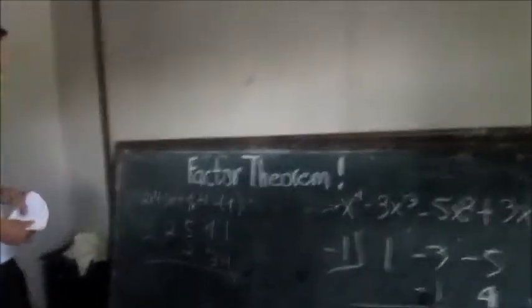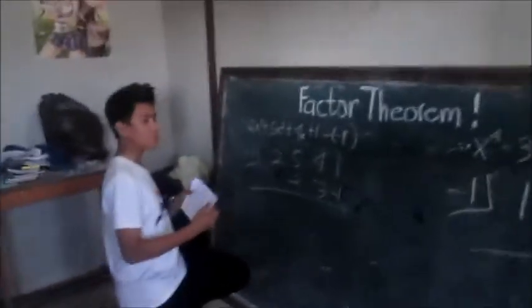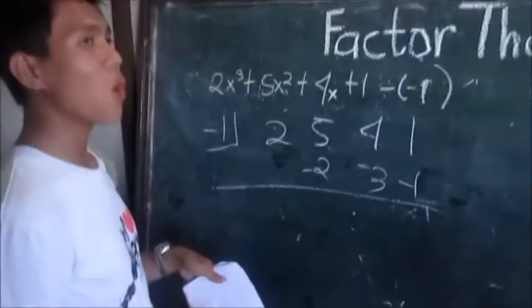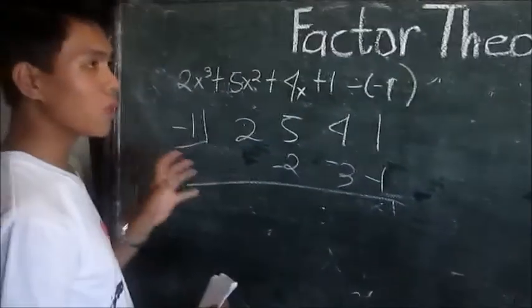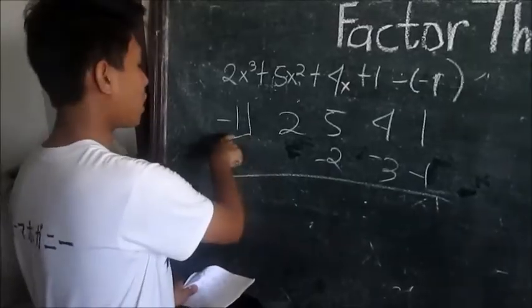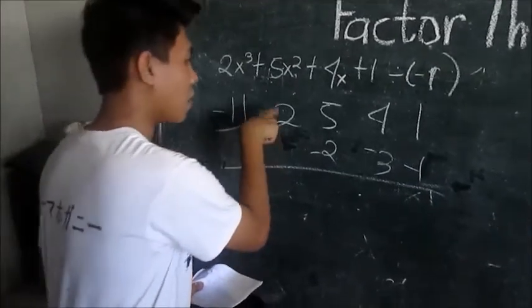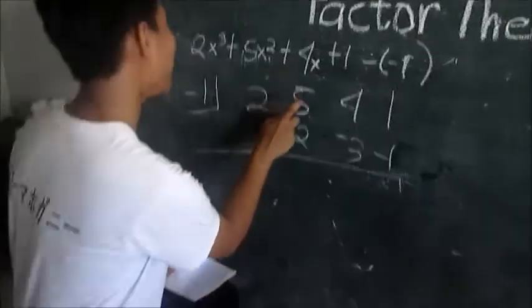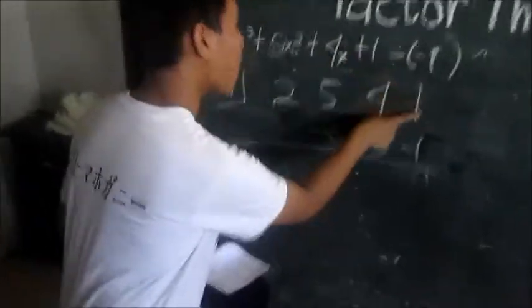So, the equation is 2x cubed plus 5x squared plus 4x plus 1, divided by x plus 1. As we all know, we are going to use the synthetic method. So here, put a negative 1, and then 2, 5, 4, and 1.